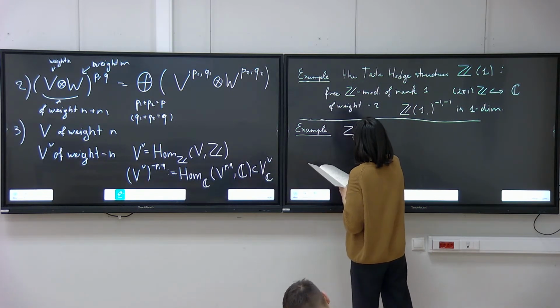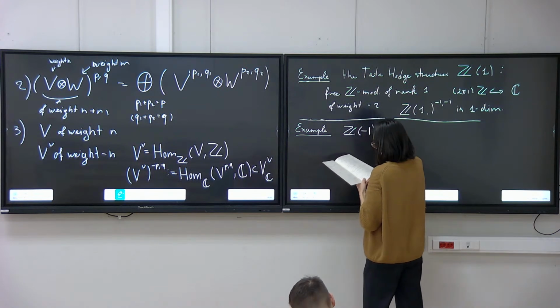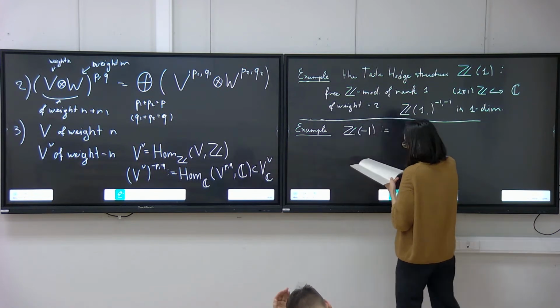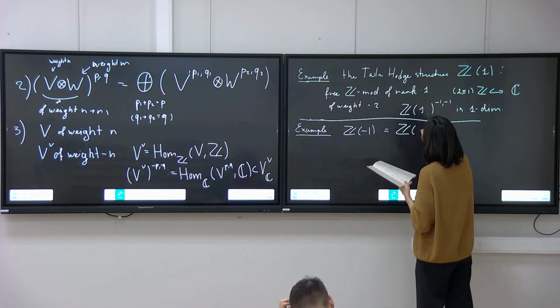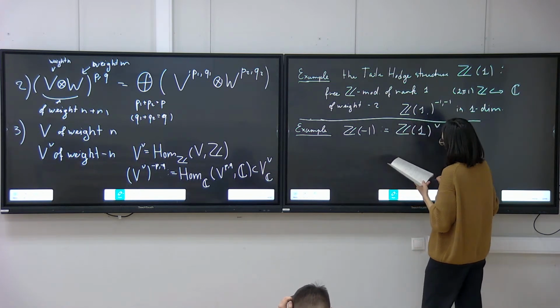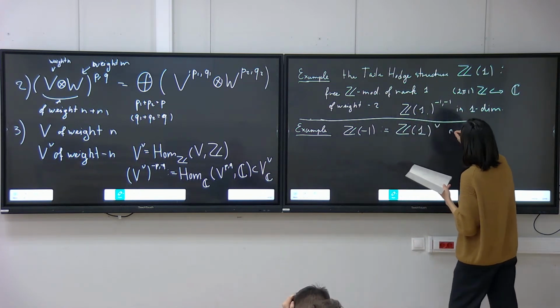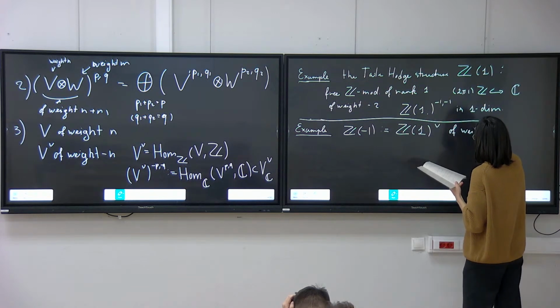Okay, an example. Z(-1) is by definition dual to Z twisted by 1, and this is a Hodge structure of weight 2.